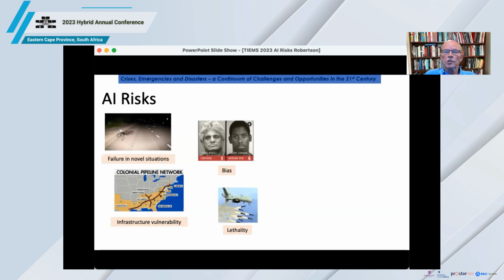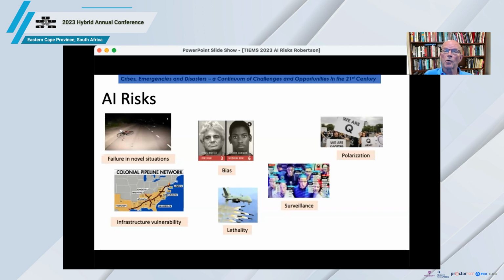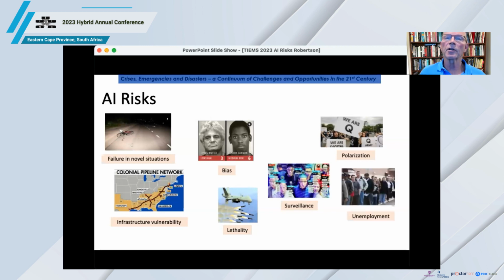Of course, AI can create more lethal weapons that can be used in war or even terrorism. Because AI can produce such convincing text, it can be used to influence and multiply those who would like to polarize and interrupt democracy, for example, as we've seen in the Russian examples of election interference.